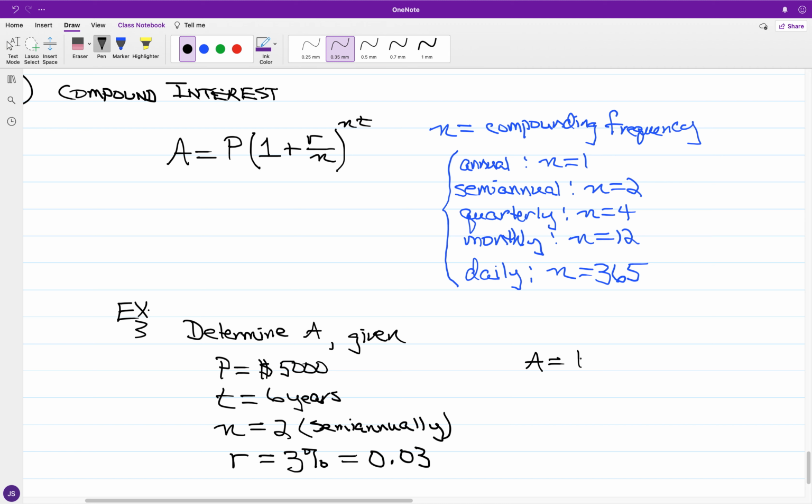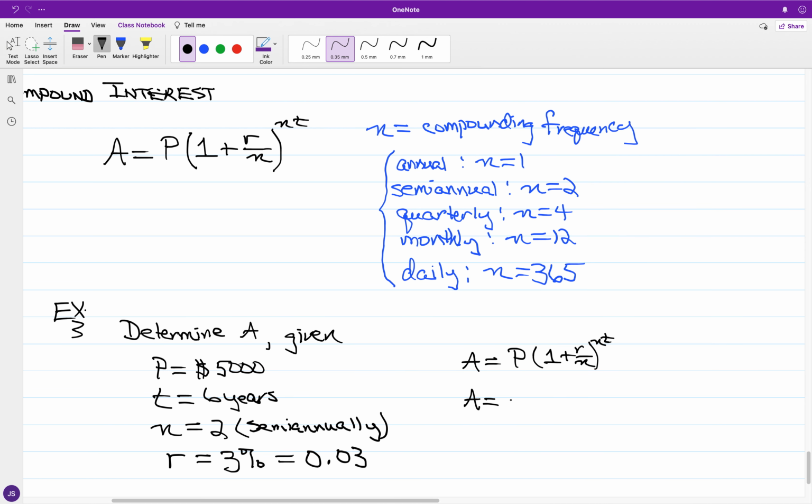So again, we have A equal to P times the quantity of 1 plus R over N, raised to the N times T. Filling in the specific values, P is 5,000, R is 0.03, and N is 2.